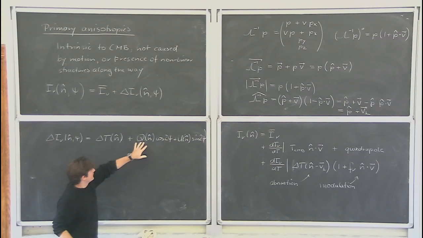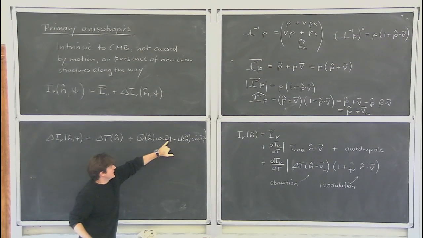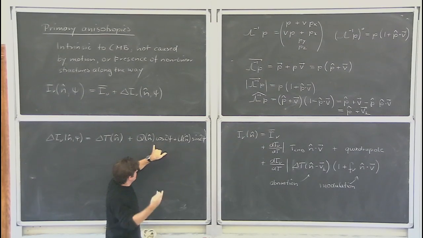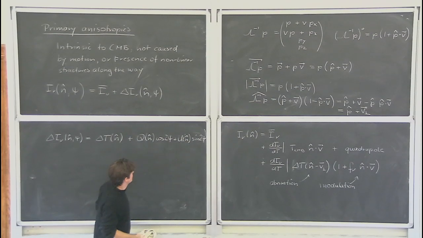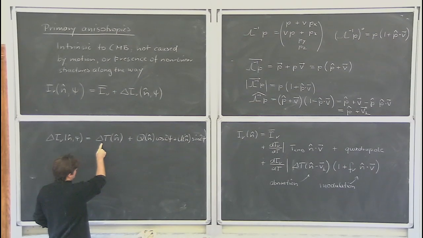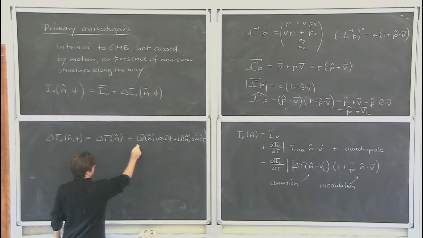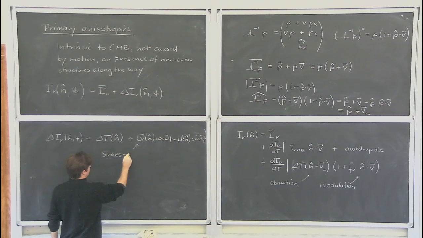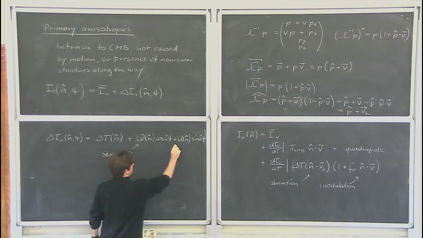So you see that exactly what Q and U are depends on where you put the 0 for the orientation of your polarization filter. You also see that if you rotate that, they rotate into each other. So this is the temperature fluctuation. These are called the Stokes parameters. So this is Stokes Q, and this is Stokes U.